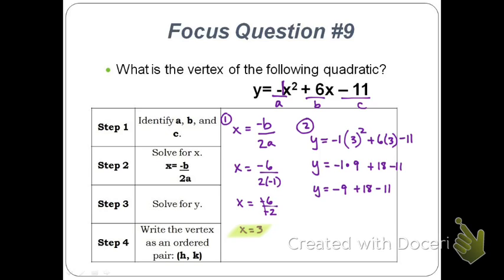So, we're looking at evaluating -9 plus 18 minus 11. Well, I know that 18 minus 9 is 9, so minus another 11, we would have y equals -2. And we have found what the vertex should be. The vertex is at 3, -2.